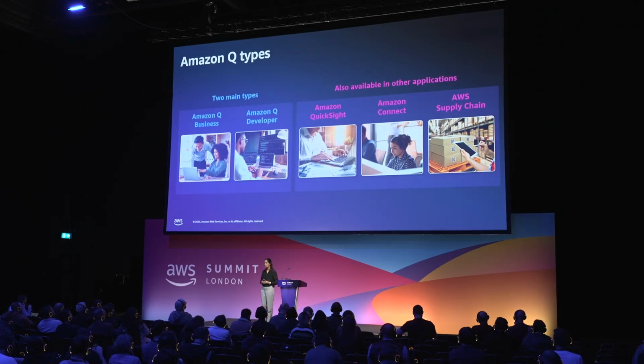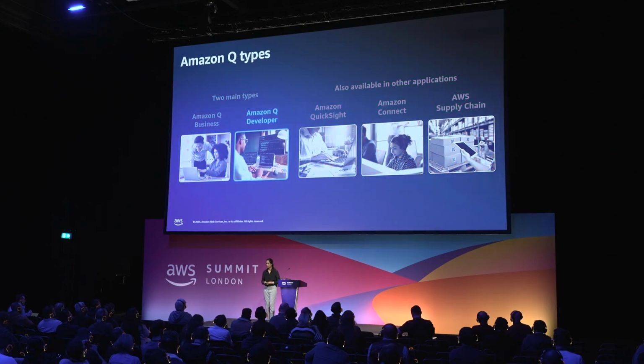And coming soon is Amazon Q in AWS Supply Chain, which helps supply and demand planners and inventory managers gain better insight into the supply chain. However, our focus for today will be Amazon Q Developer, and let's delve deeper into it.